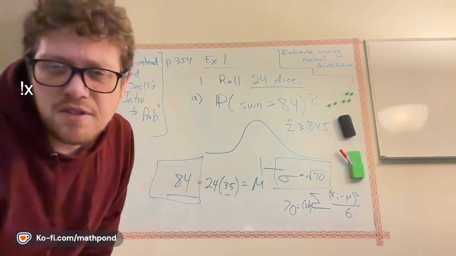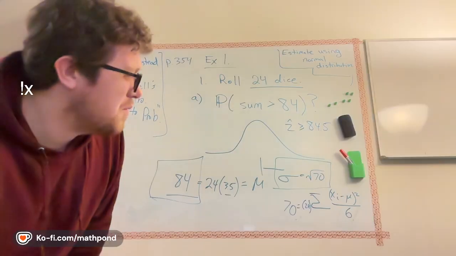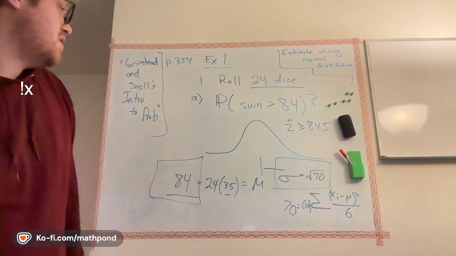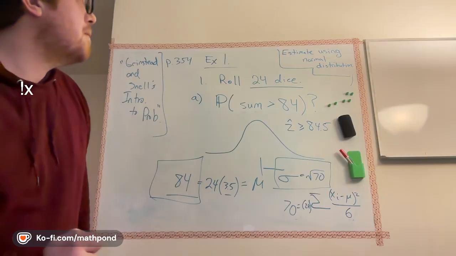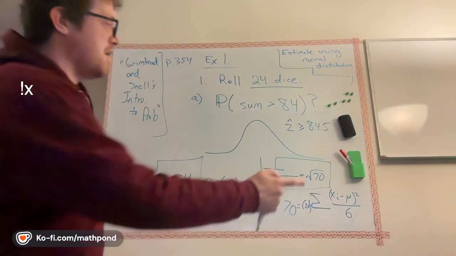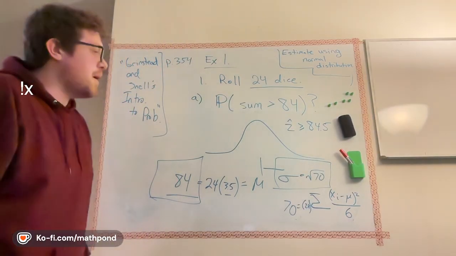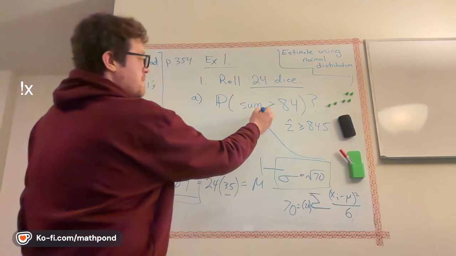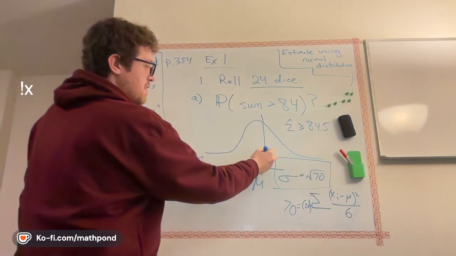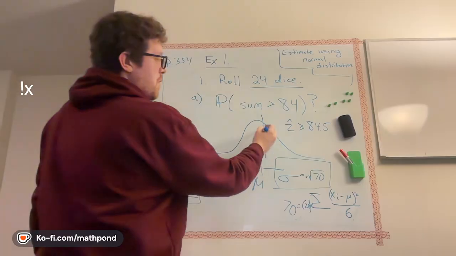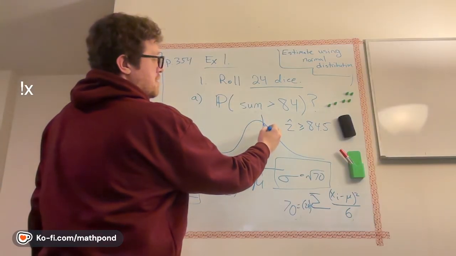What Jeff said, 0.5 divided by square root of 70. Oh, right. Yeah, 0.5 divided by square root of 70. Exactly. So we have some value right here, and we want to know what's the area under this curve.